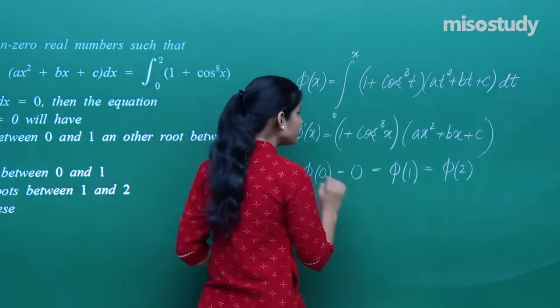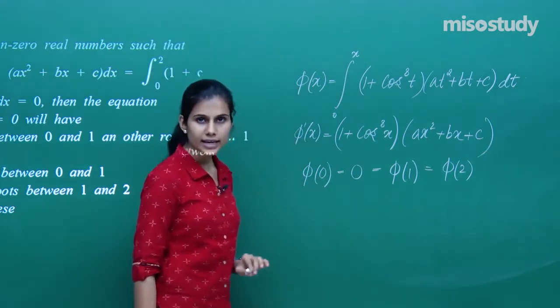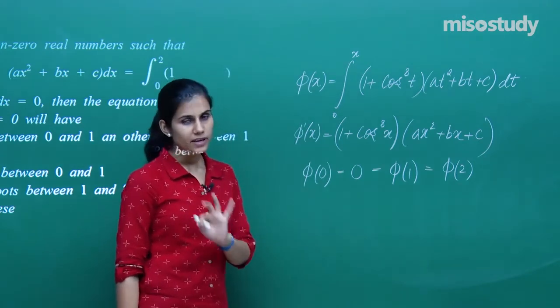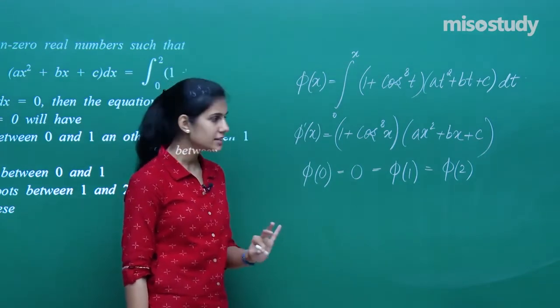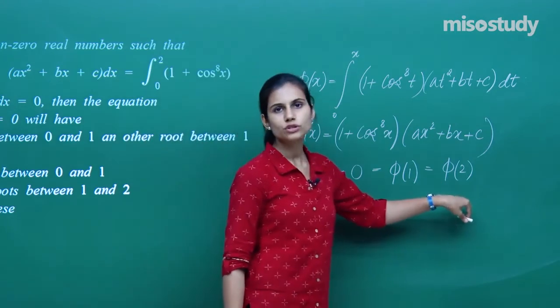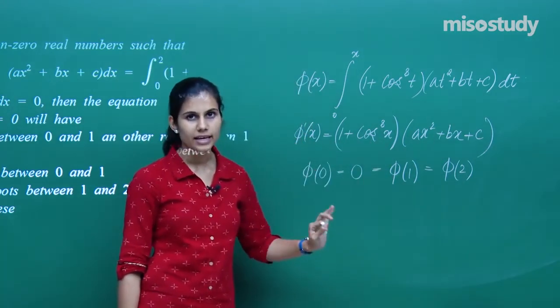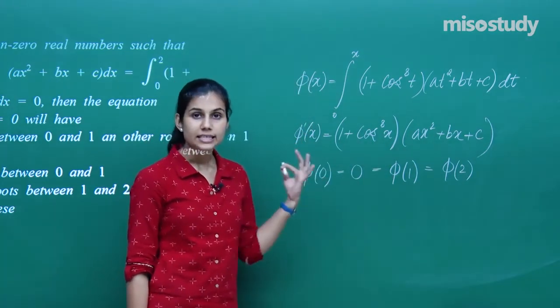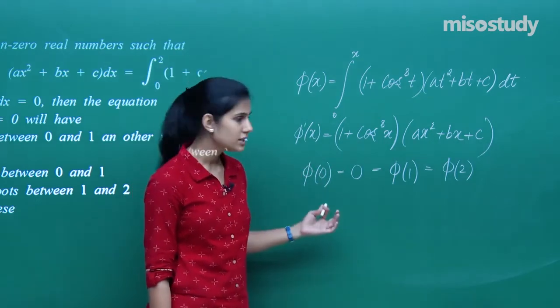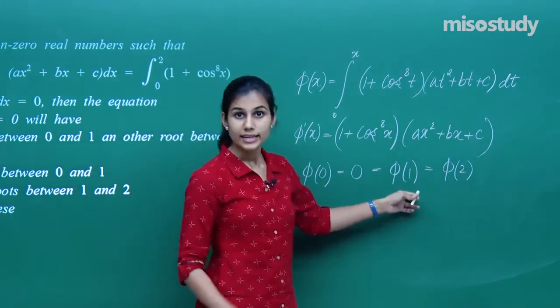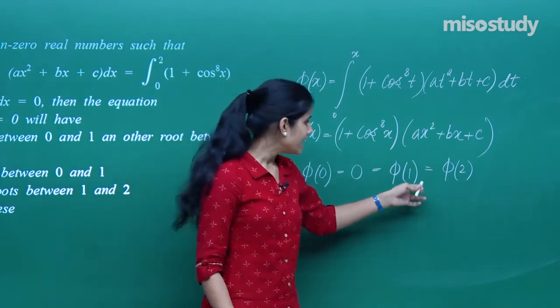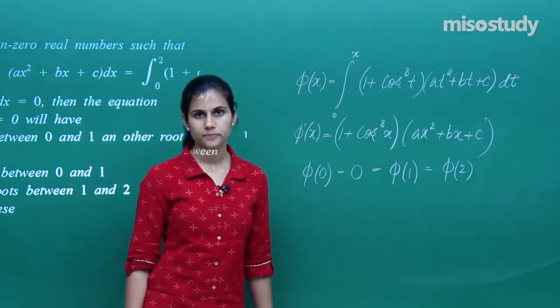So if 0, 1 and 2 are roots of the function phi, clearly, now you should be very well aware about this mean value theorem's result, that if 0, 1 and 2 are roots of this particular function phi, then phi dash is definitely going to have at least one root between 0 and 1 and at least one root between 1 and 2.